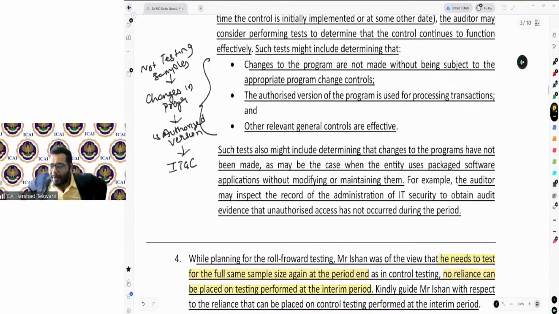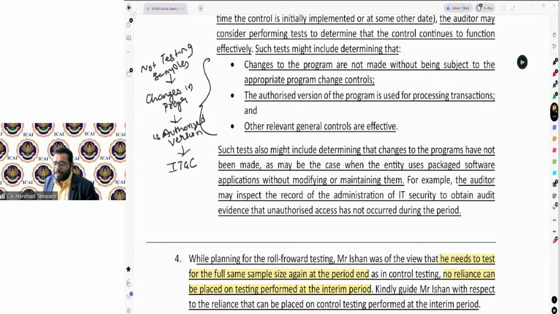So what is the requirement with respect to the testing which is performed at the entering period? Can he place reliance or not? Do we need to test full sample size again? Come on, guys. He needs to test full sample size again, or can he place reliance on the testing which he has done already for the 9 months?